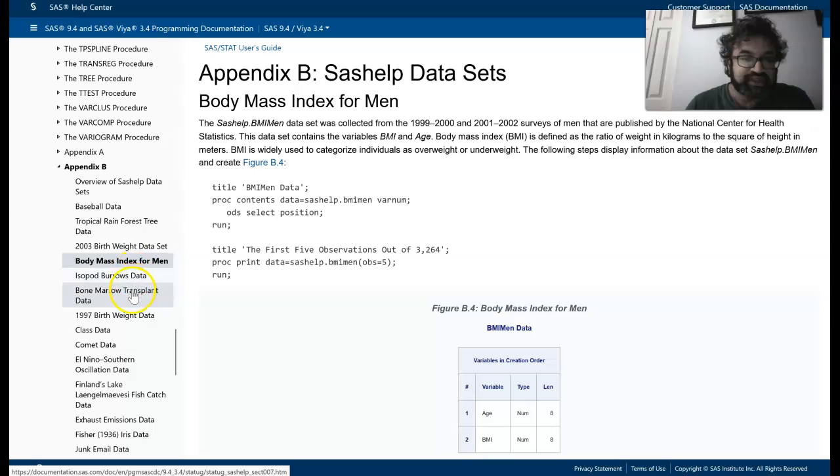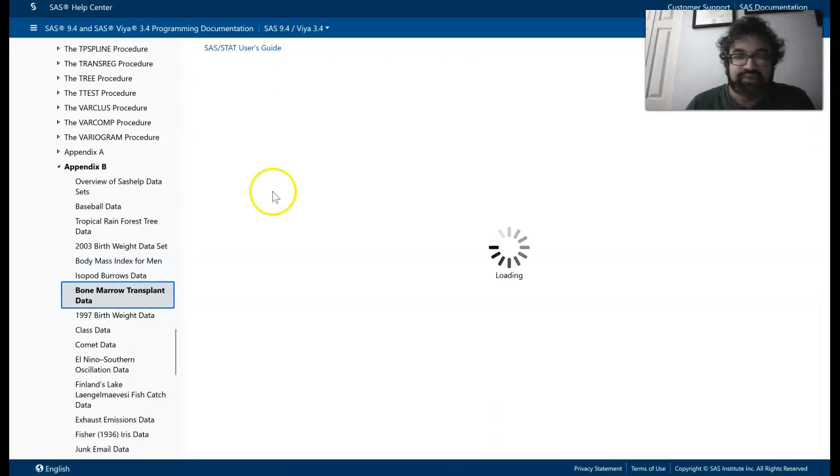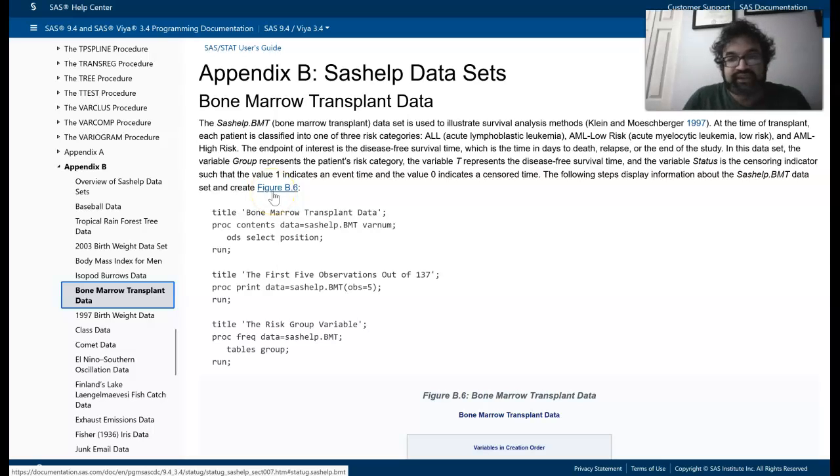The next one that is medical in nature is the bone marrow transplant data. This is survival analysis data. At the time of transplant, there are three risk categories: acute lymphoblastic leukemia, acute myelocytic leukemia low risk, and acute myelocytic leukemia high risk.